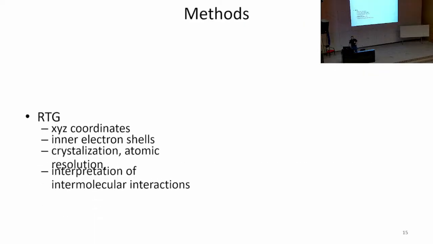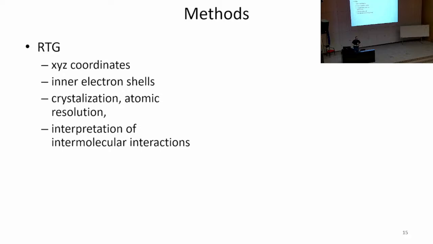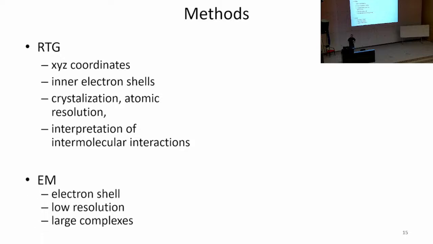So how can you get the structures of the macromolecules? The major method, still, experimentally, is Röntgen, X-ray crystallography, where you basically crystallize the structure and then shine X-rays on it and get the coordinates.